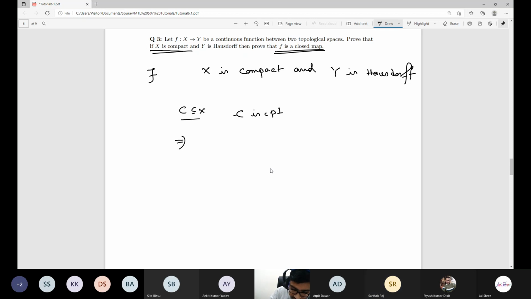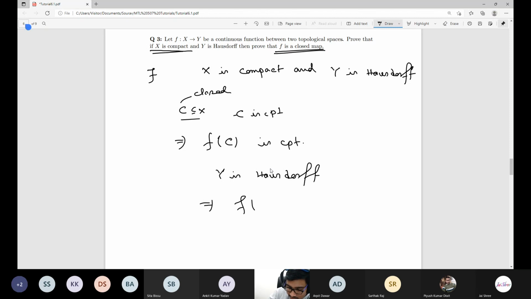Since Y is Hausdorff, f of C is closed. Every compact subset of a Hausdorff space is what? Closed. Yes, closed.